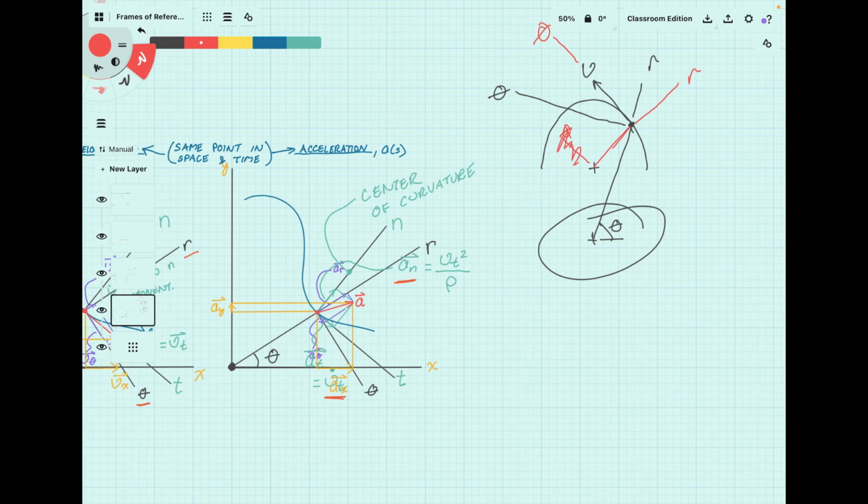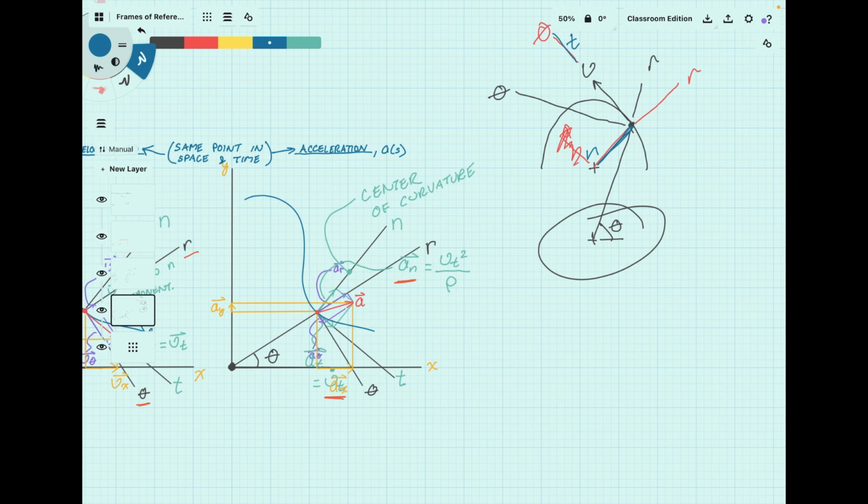It also would sit very nicely in a normal-tangential system that looks like this: normal, and then your tangent is out here. Just like that. So you could take either one of those two systems, the red or the blue, and solve for your acceleration.